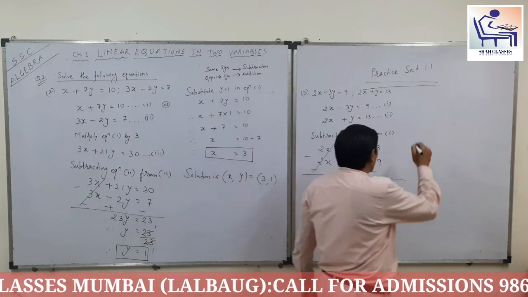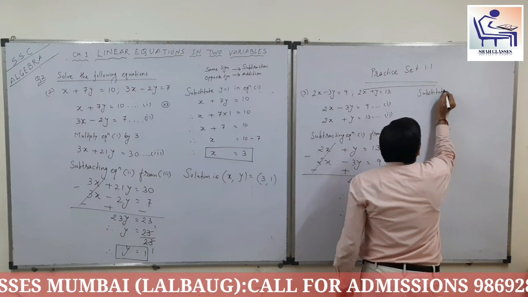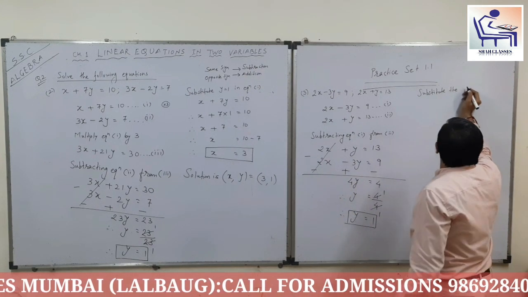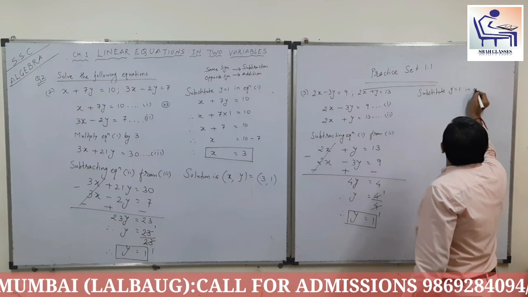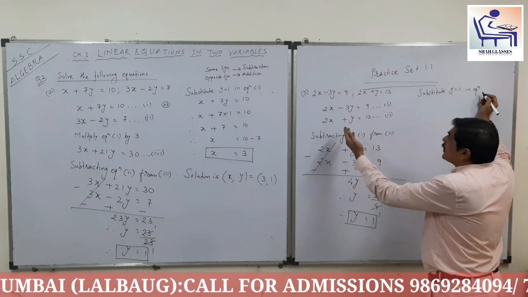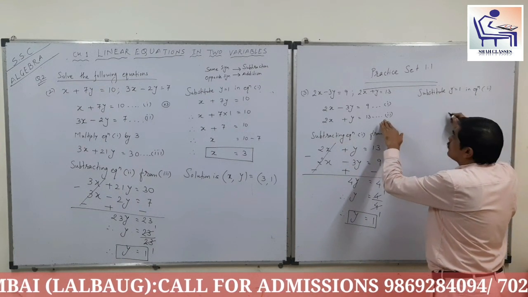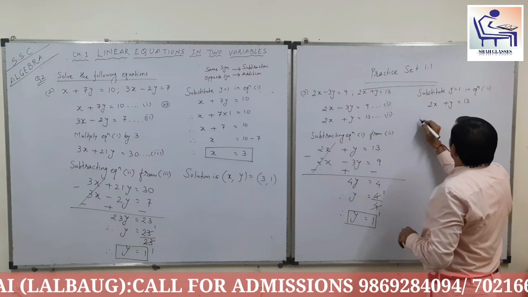Now, once again we have to substitute. We substitute y is equal to 1 in equation. Any equation you can go for. Here we will go for equation 2. So 2x plus y is equal to 13.